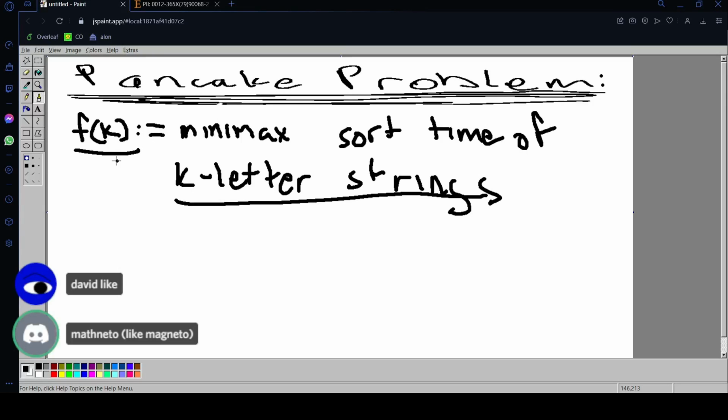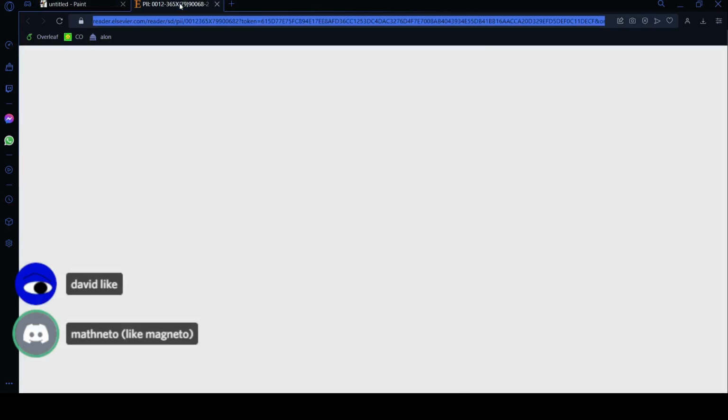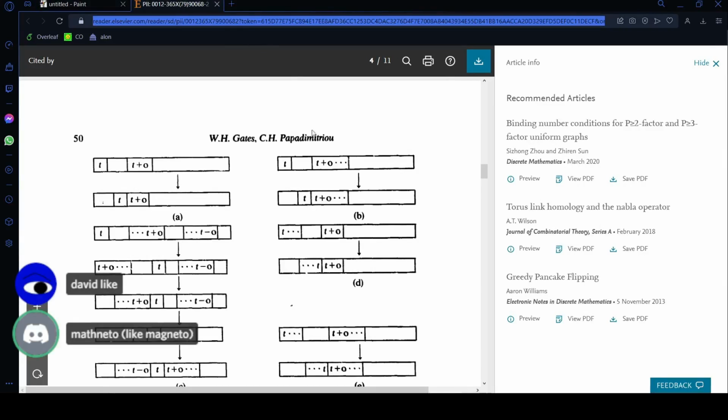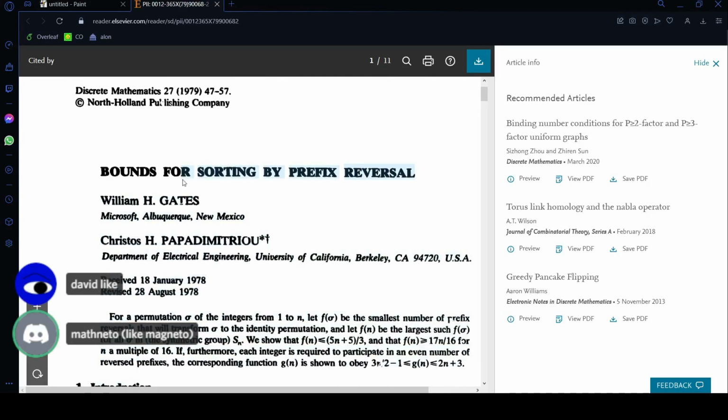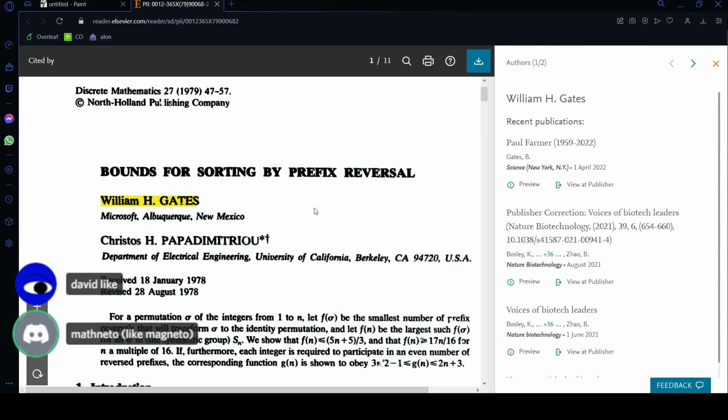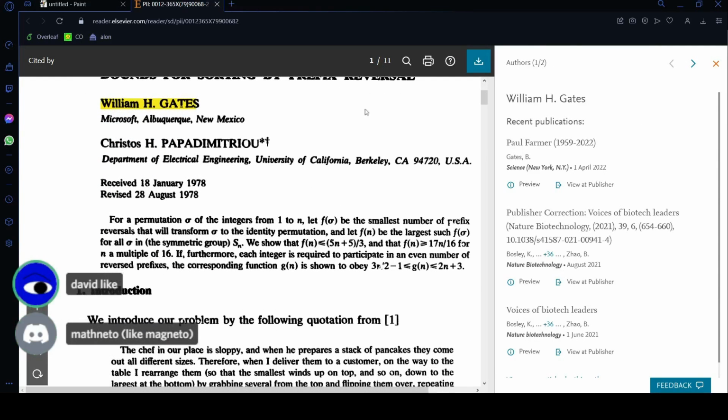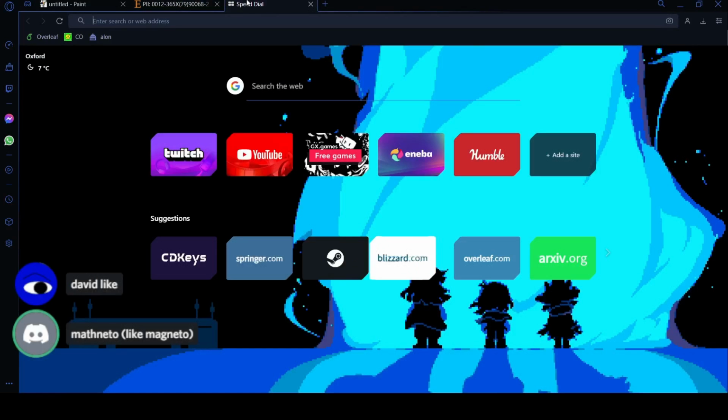So anyways, we stay with the problem. I guess here's as good a time as any to mention this fun little tidbit: this problem has been worked on before by one William H. Gates, who's better known for other stuff.